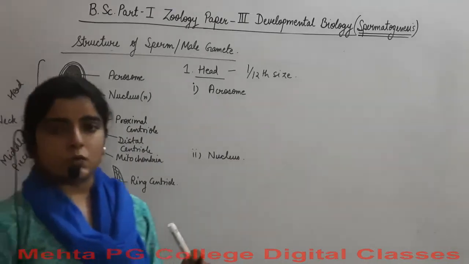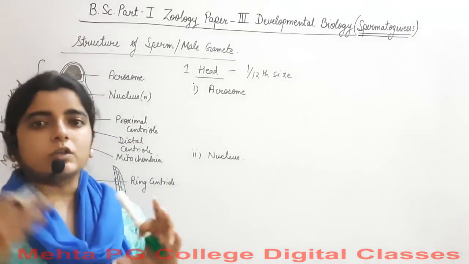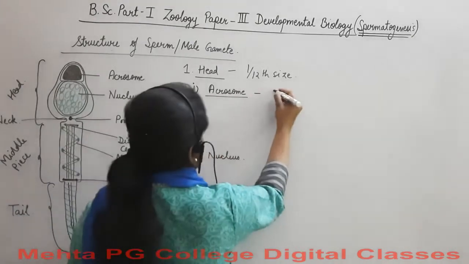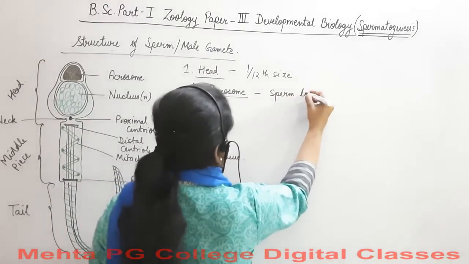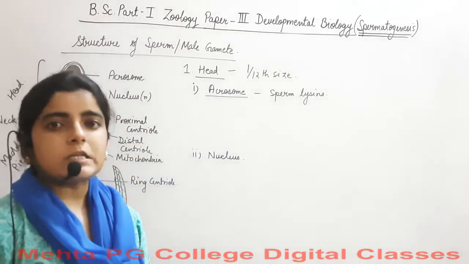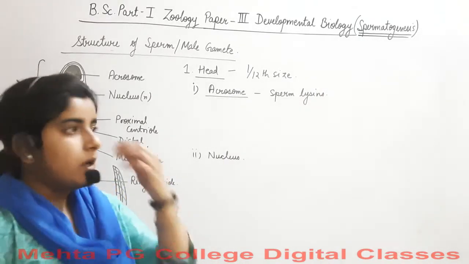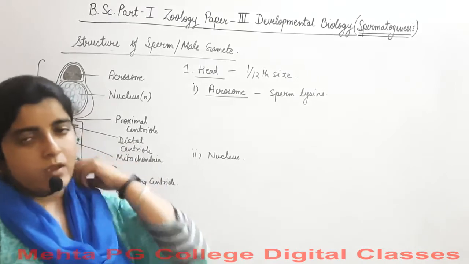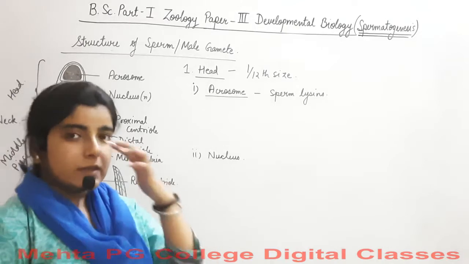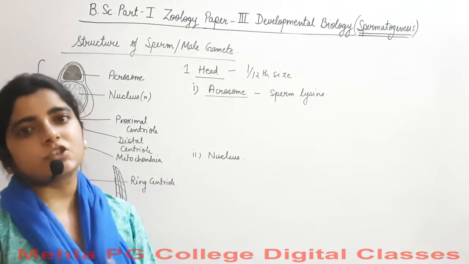What is the acrosome? The acrosome is the topmost region of the sperm, which contains sperm lysins, or different enzymes. These enzymes are responsible for helping in the fertilization process.